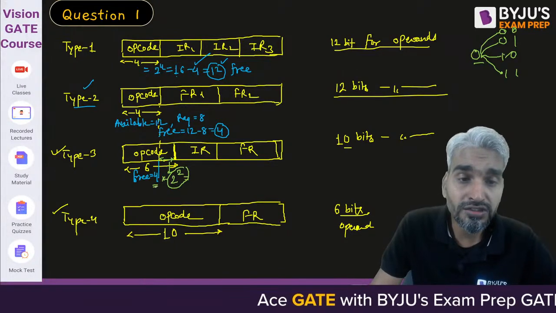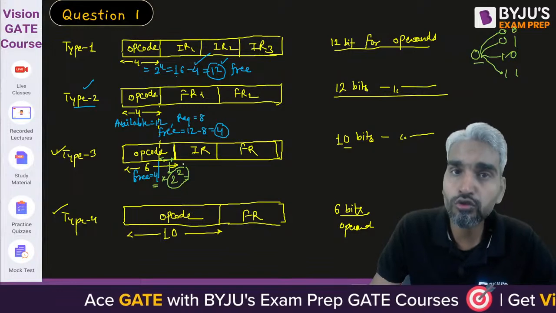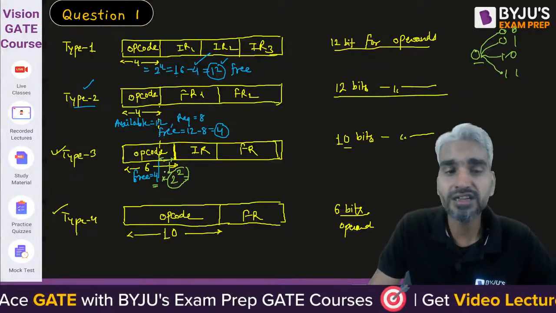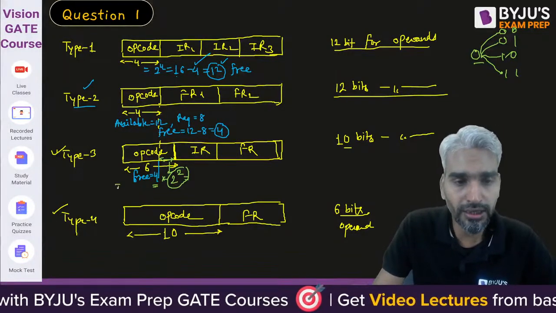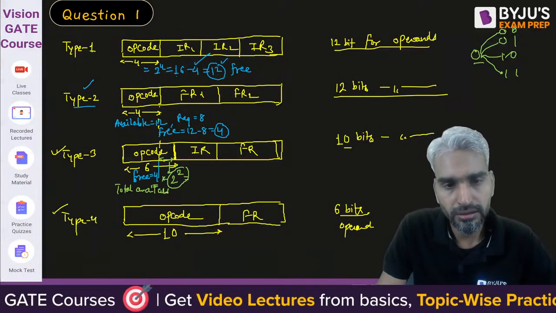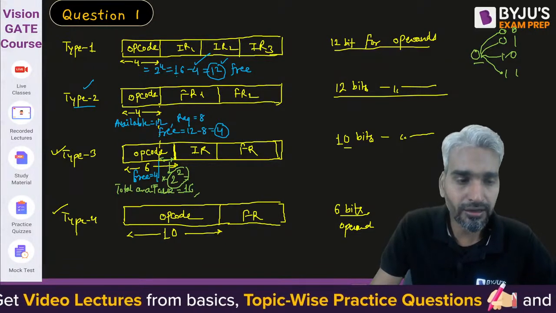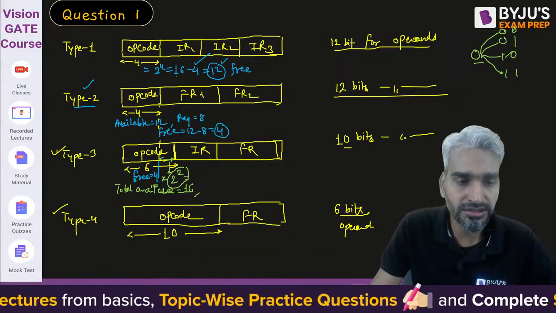So each one of these 4 combinations can be combined with 2 raised to the power 2 different combinations of 2 bits. Therefore, the overall number of combinations available will be 4 into 4, that is 16, right? How many are required? So how many type 3 instructions are required?